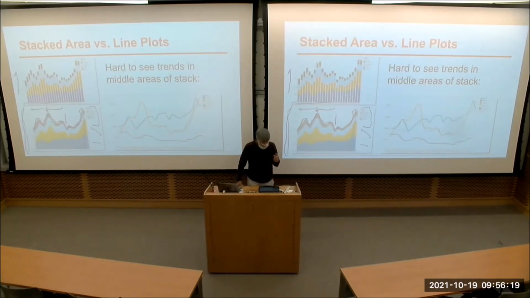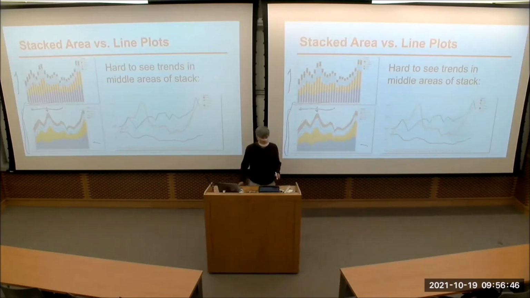It's hard to get at the trend for any individual thing. If we look at the light blues over here, what is the trend of the light blues over time? Light blues were shotguns. Are people buying more or fewer shotguns over time? I claim that's kind of obscured with one of these plots.